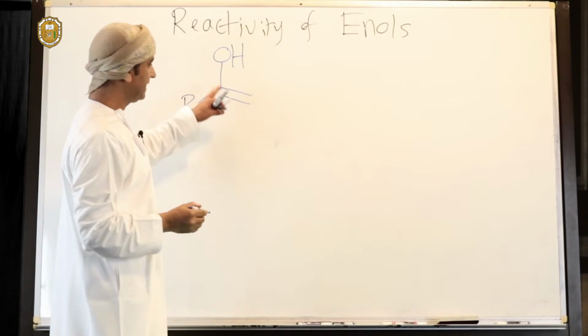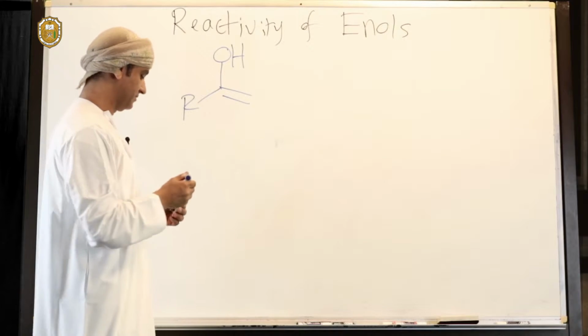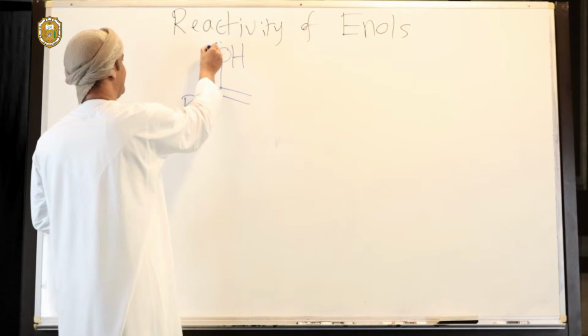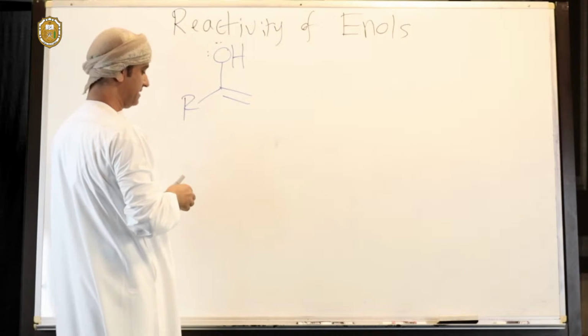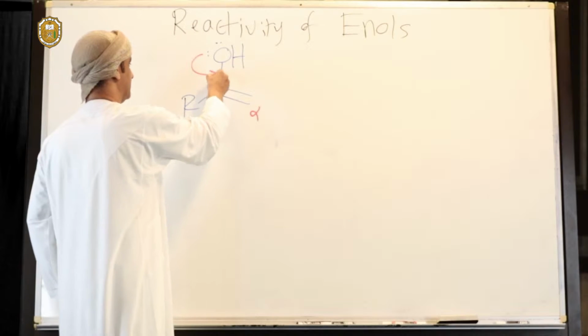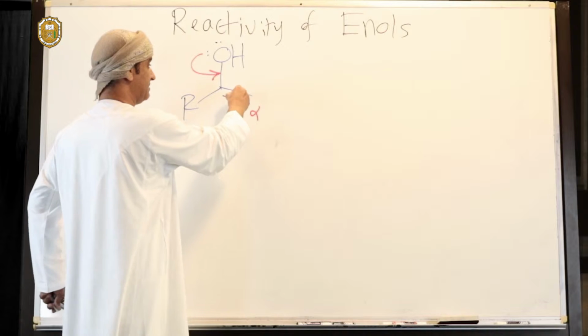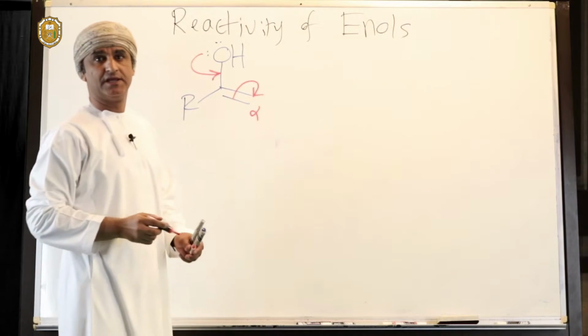structure. Enols are nucleophilic, and they are nucleophilic at the alpha carbon. So that's if we take a lone pair from that oxygen and try to delocalize the electrons. We can make a double bond between oxygen and carbon and simultaneously break the carbon-carbon double bond.